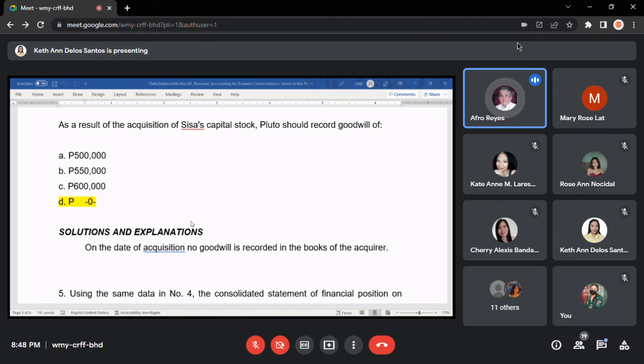So, goodwill will be in the records of the consolidated entity. Wala sa libro ng acquirer, wala sa libro ng acquiree. Okay. So, good report. Any question, class? You may stop the sharing.